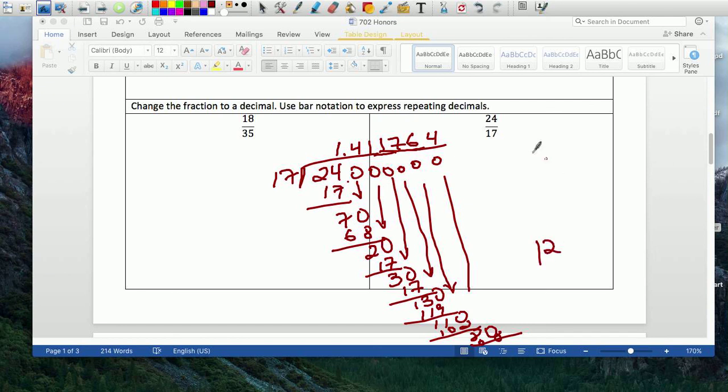I'll put it over here. Bring a 0 down. And then 17 times 6. 17 times 7. Yep, we can start. It should be a 7. 17 times 7 is 119.